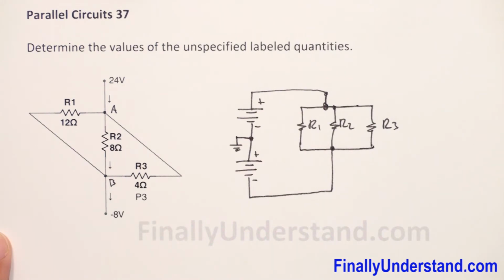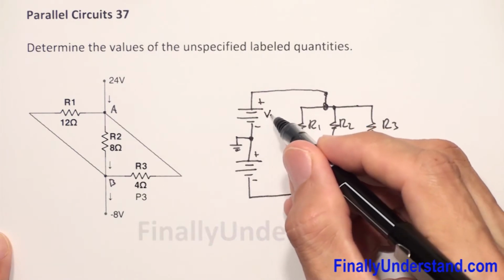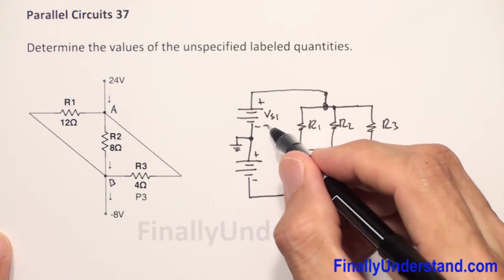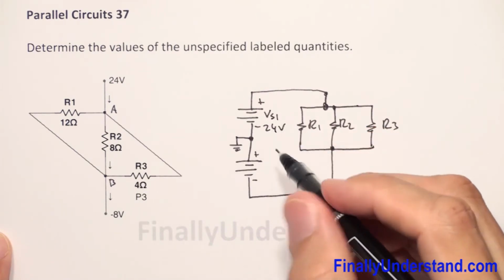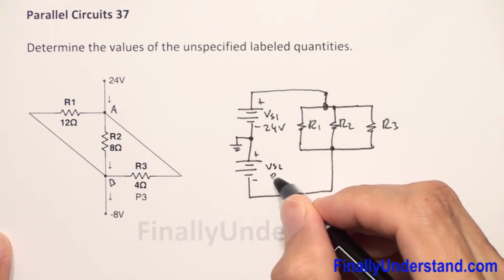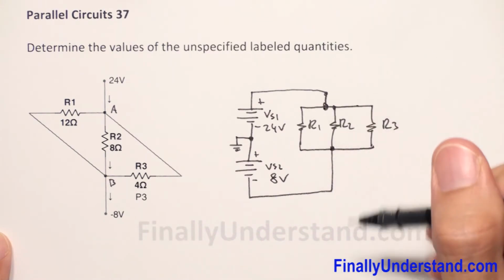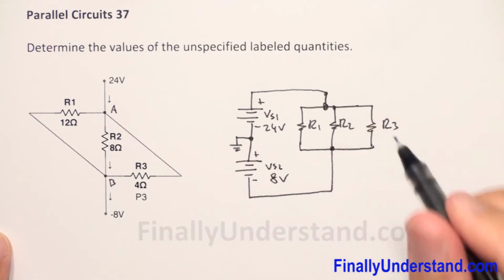Next you're supposed to realize that this is voltage source 1, which is 24 volts, and this is voltage source 2, which is 8 volts. So we got this circuit.